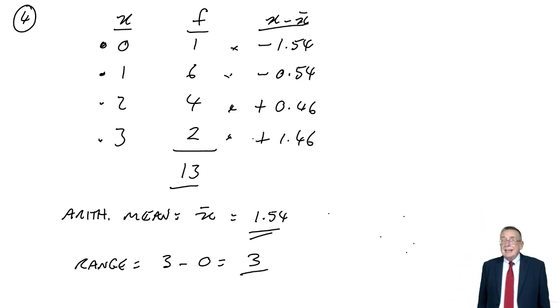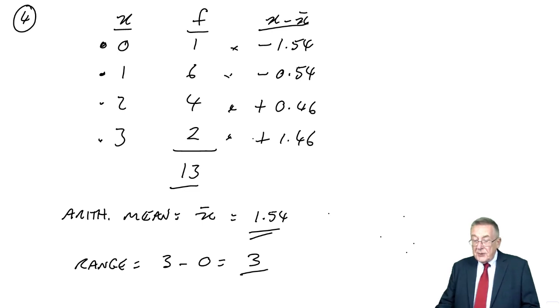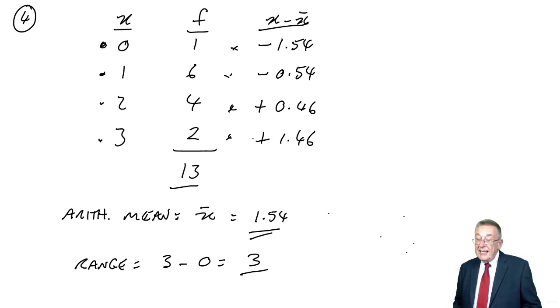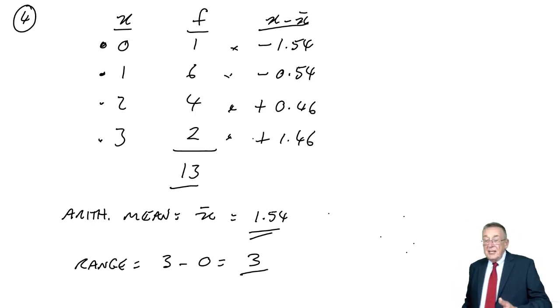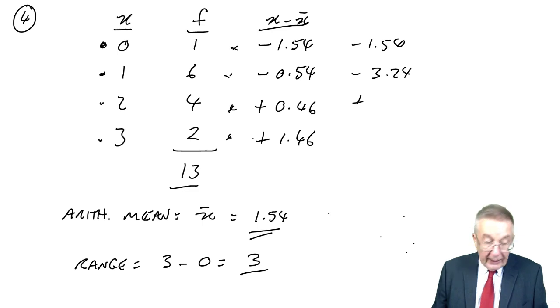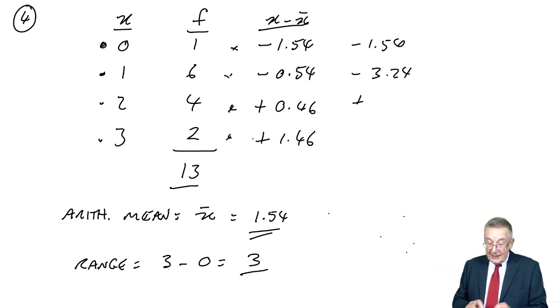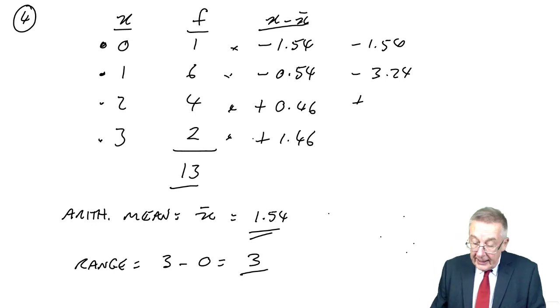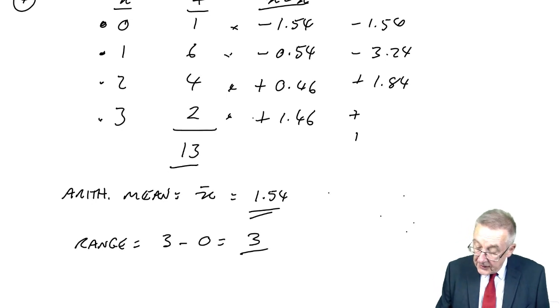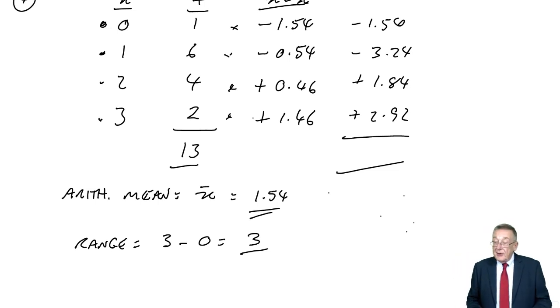The only problem is, if we took an average of those in the normal way, multiply by 1, 6, 4, 2, and get the total and divide by 13, because of the minus and plus signs, try it yourself, but you'd end up with 0. 1 times that is minus 1.54, 6 times that is minus 3.24, 4 times that is plus 1.84, 2 times 1.46 is plus 2.92. And to take an average, you'd add them up and divide by 13.